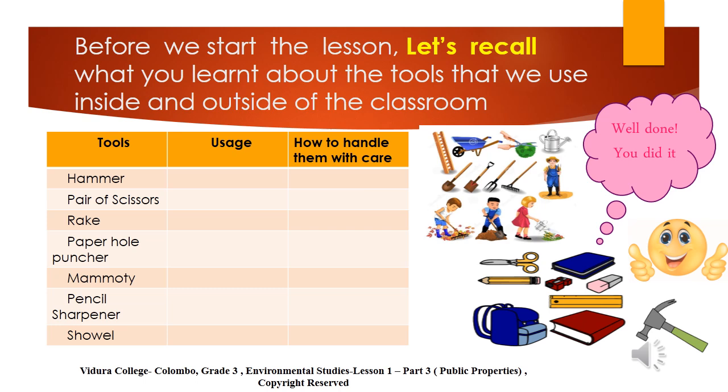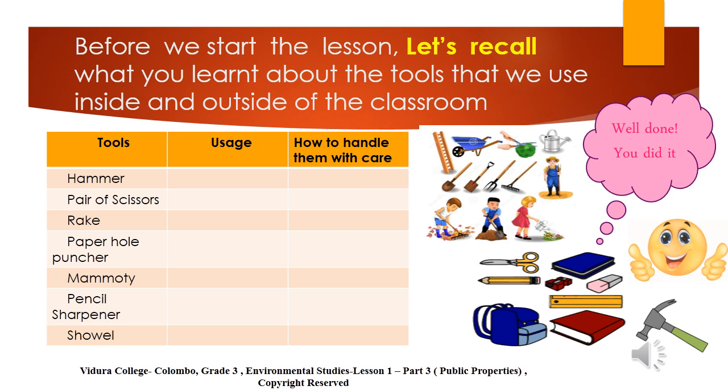Under the tools, you can see hammer, pair of scissors, rake, paper hole puncher, pencil sharpener, and shovel. In the second column, you can see the usage. For each tool, you should write the usage. In the last column, you should write how to handle each tool with care.